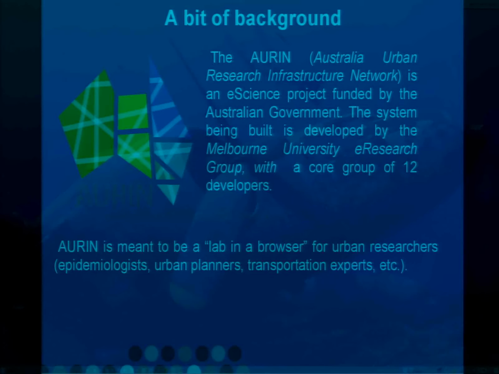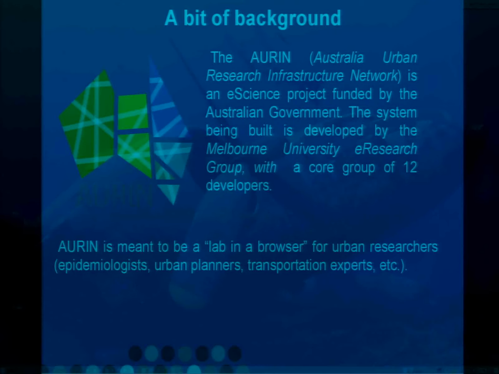But the idea is that people like epidemiologists, urban planners, traffic analysts share an interest in the same set of data and tools because all of them are working on the same space, like urban space, built-up areas. So we are building a software to do exactly this.